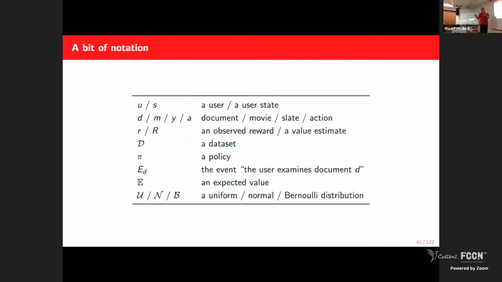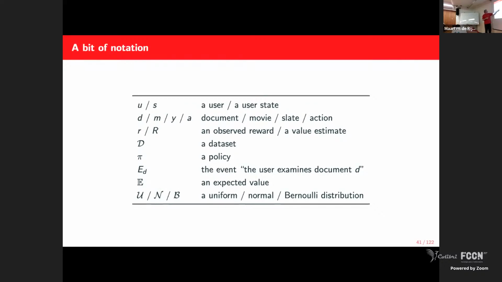Now, we need a bit of notation for the next few slides, so I hope it's not too much. We have users and states, state of the user. We have documents, movies, a slate, so that's a complex combination of items, a result page, for instance, or a product grid on a product search site. And we have actions.